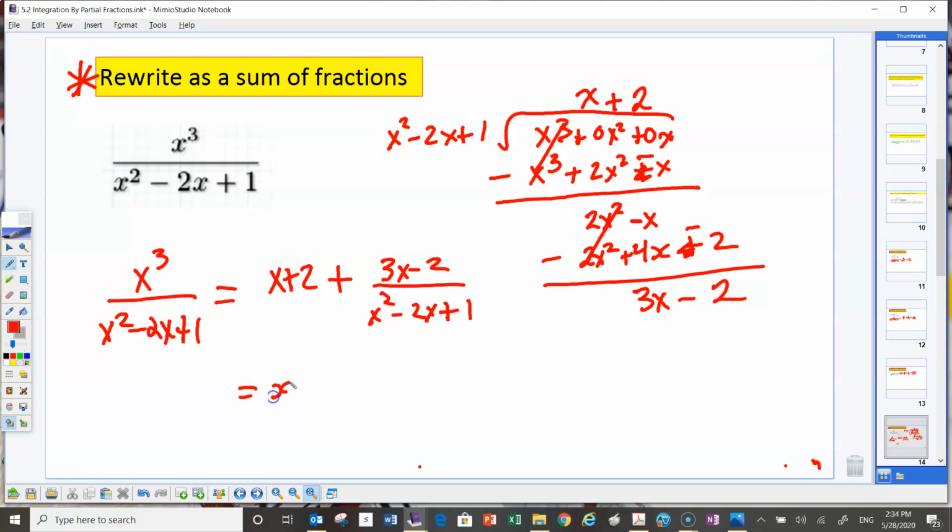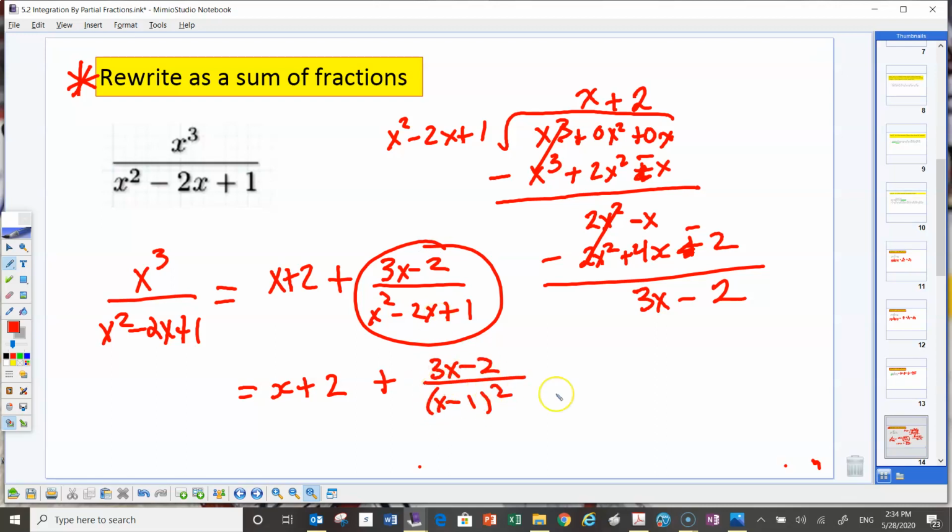Now, we can go a little bit further, because for this part, I can now apply the partial fractions. So I could rewrite 3x minus 2, and this denominator is x minus 1 squared. So this is going to work out to be, well, the x plus 2 just tags along. Then it's going to be A over x minus 1 plus B over x minus 1 squared. And there would be all of your partial fractions for this one.